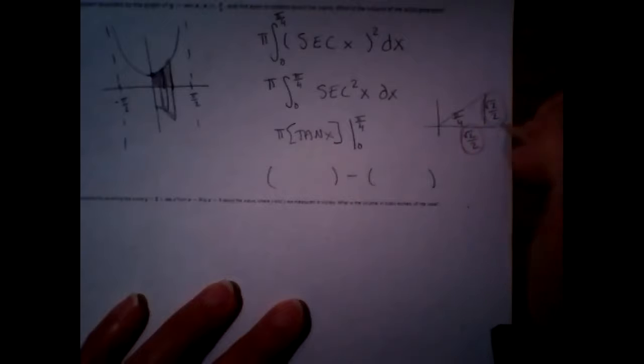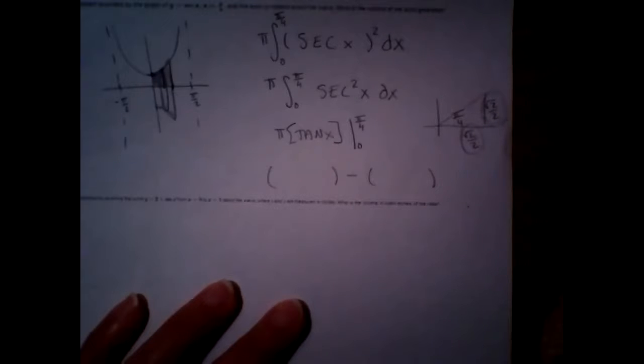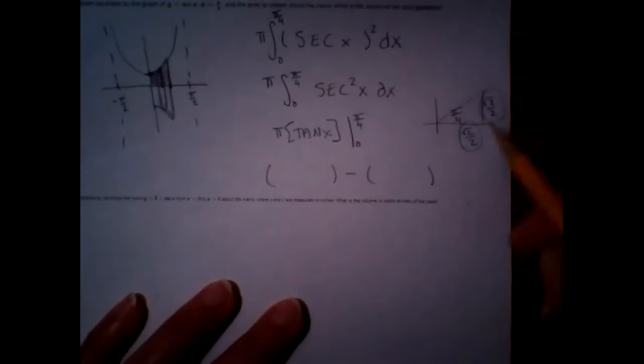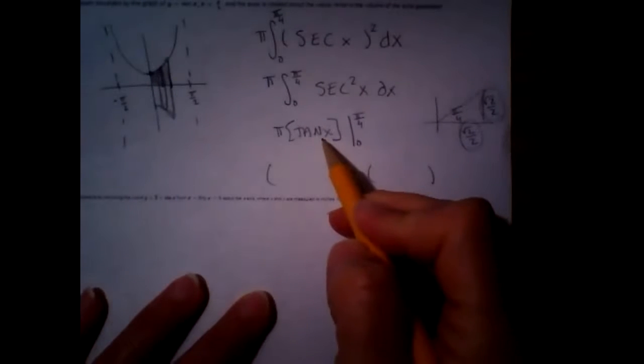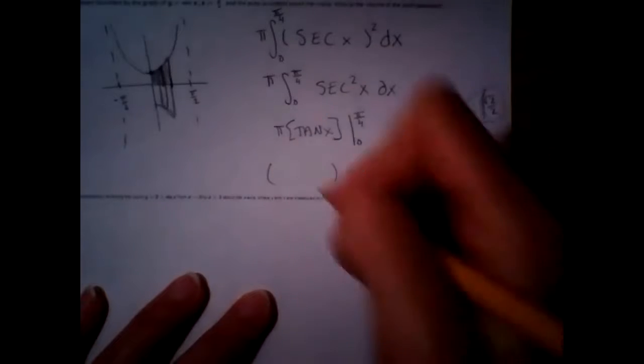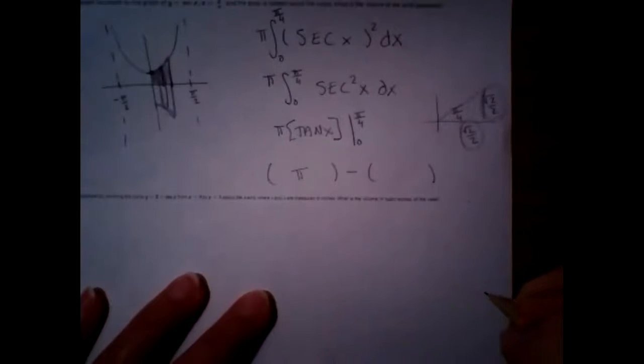It's this over this, which is going to give us what? If you have the same thing over itself, what are you going to end up with here? Yeah, good, 1. Anything over itself is going to be 1. So tangent of pi over 4 gives you 1 and then times pi, so 1 pi.